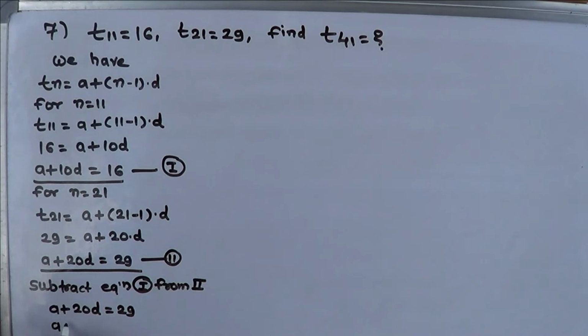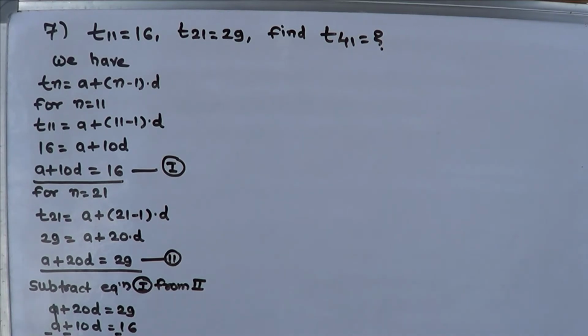First equation, a plus 10d equal to 16. So change the signs here, minus, minus, and this also minus. A minus a will get cancelled, or 0. So 20d minus 10d will be equal to 10d. 29 minus 16 is 13. So the value of d is equal to 13 by 10, or equal to 1.3. This is the value of d.